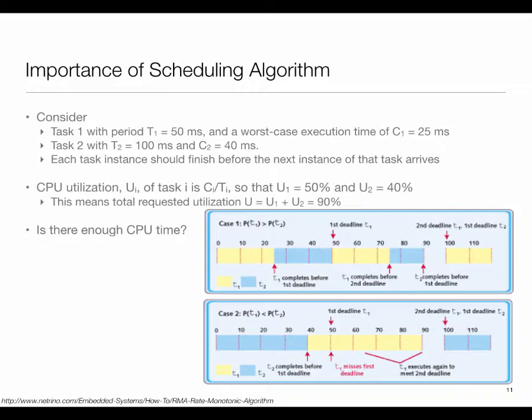Since task 1 is higher priority, it will run and it will take time 25, its execution time. Once it is finished, and the next job of task 1 has not yet arrived, the CPU can be given to task number 2, so it will start running. So task 1 finished at time 25, obviously met its deadline. It arrived at 0, finished at 25.